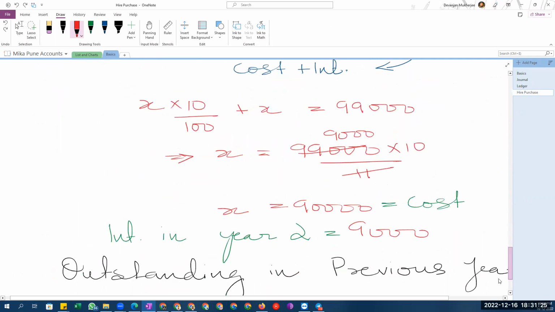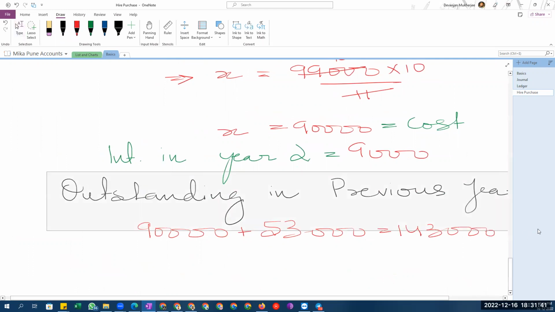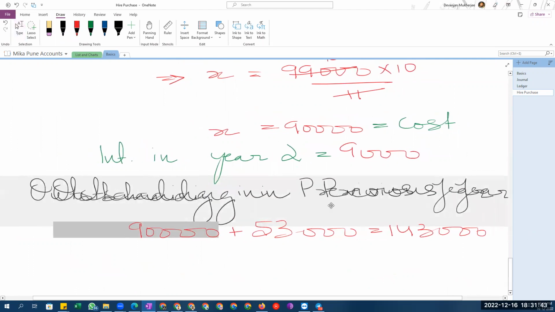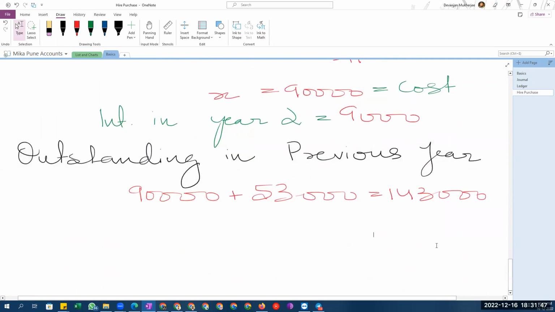Sorry, the interest. I got it. So the cost and this would get added up. So then how much will we get? We will get 1,43,000 outstanding for that last, like last from the back, but first from the starting. So we will have 143.